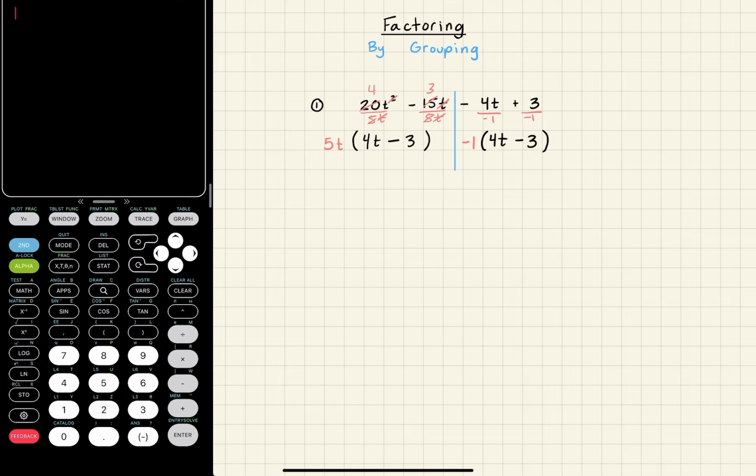Now when you're factoring by grouping, once you get to this point, if these 2 terms here match, you can be pretty certain you've done everything correct. So looking at our problem, these 2 terms match. Now we're looking and saying, okay, what do these 2 sides have in common? Well, they both have this 4t minus 3 term. So we can imagine that being the GCF and us pulling that out.